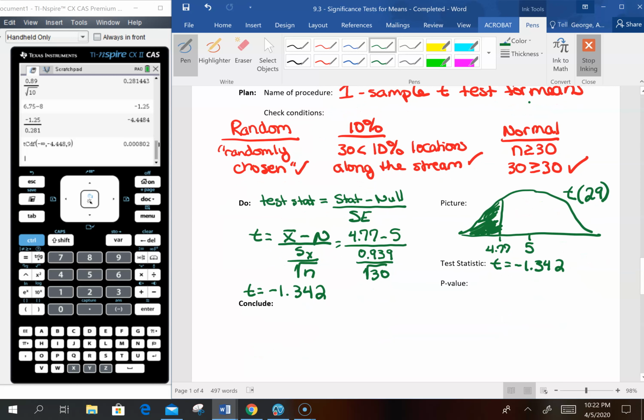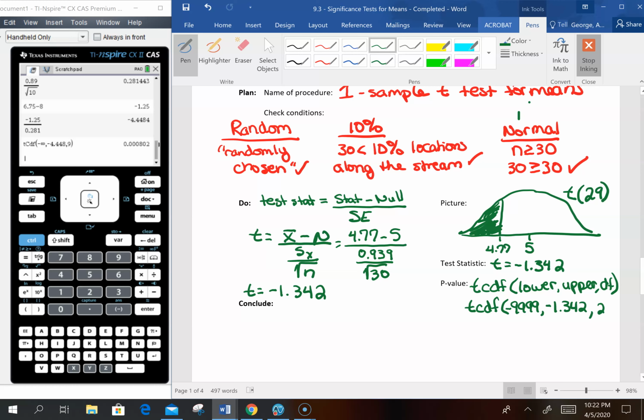And so this is our t-CDF instead of norm CDF, because we're dealing with a t distribution. And that's our lower, our upper, and our degrees of freedom. So our t-CDF, our lower is going to be negative 9999. The upper, this is why we found our test statistic, so negative 1.342.